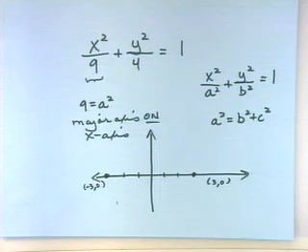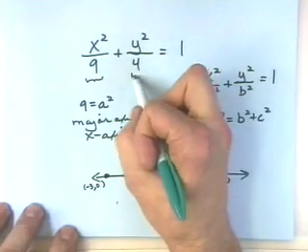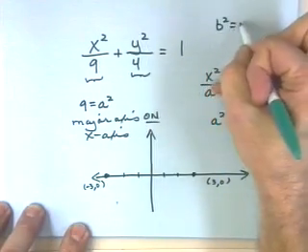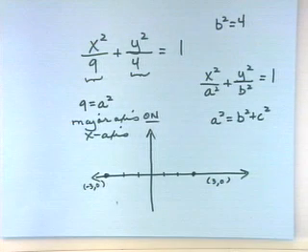What's the other denominator? That's b squared. So the lesser denominator is b squared. So b is 2, and isn't b the distance from the center to the end of the minor axis, right? So where's that? 0, 2.